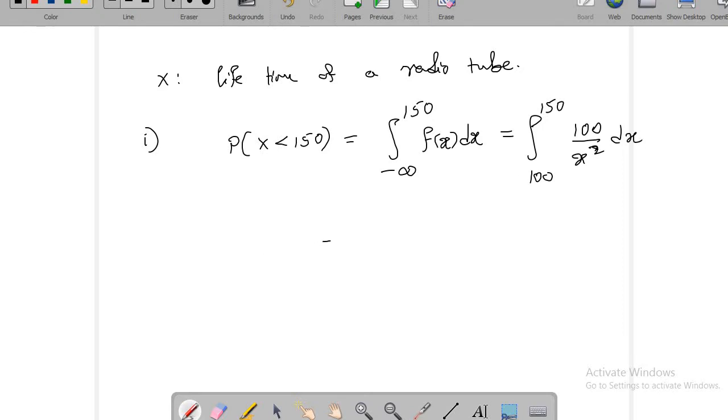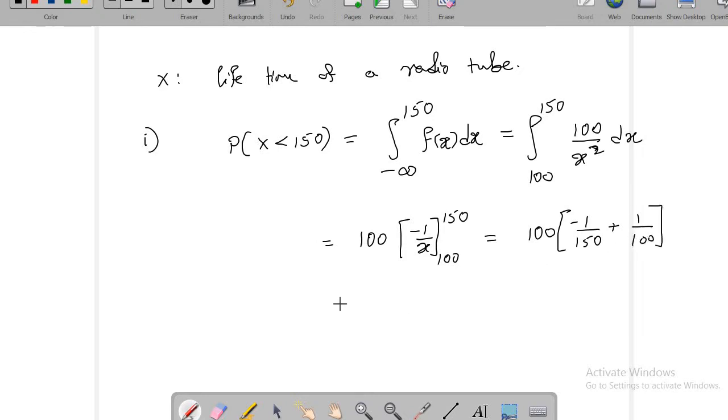Now it's a simple integration, 100, and the integration of 1 by x square is negative 1 by x. So the limits are from 100 to 150. So I have 100 into negative 1 by 150 plus 1 by 100.